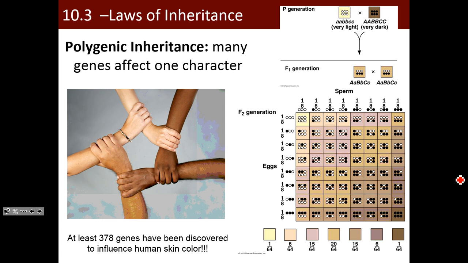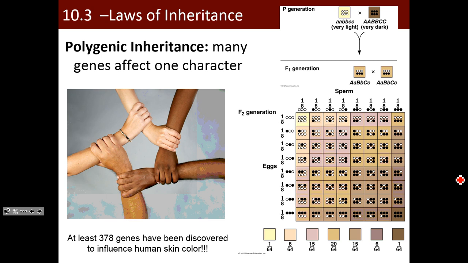So your eye color is not the product of one gene, but of like a dozen genes, right? Your skin color is not the product of one gene. It is the product of over 378 genes, probably. At least 378 genes have been discovered that contribute to human skin color, right?